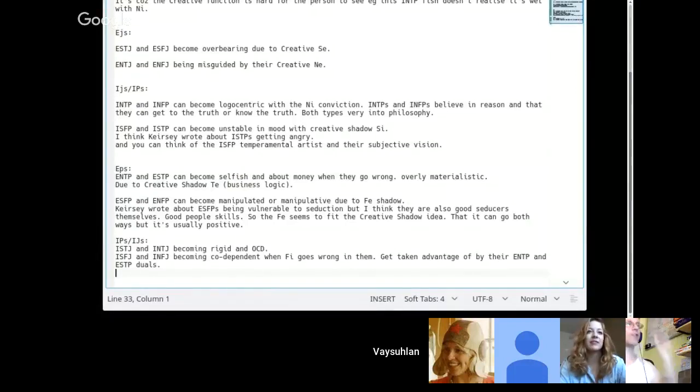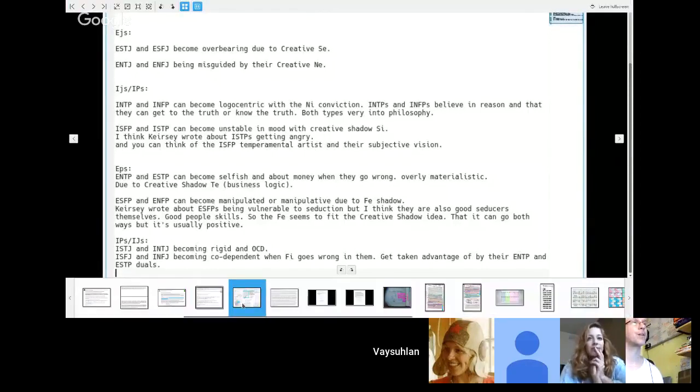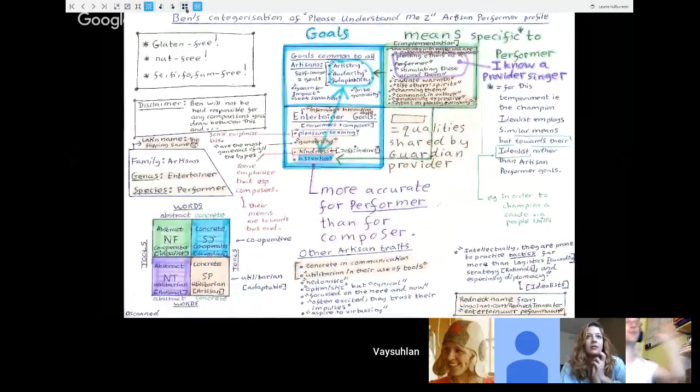Now what I'm going to talk about is the best example I can give, and this is from the Keirsey ESFP profile. I actually did this and put it in the Keirsey group.